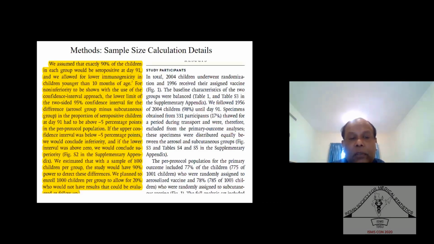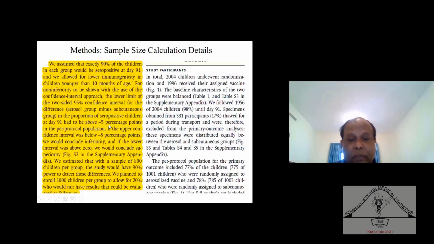Now, do you have any other data that 90% of the children in each group would be seropositive? That is how we assume the sample size calculation. You have only one event rate, and both the groups are going to have a 90% seropositivity rate. So this is very important. That will give you a conservatively lower number. And the margin is fixed.